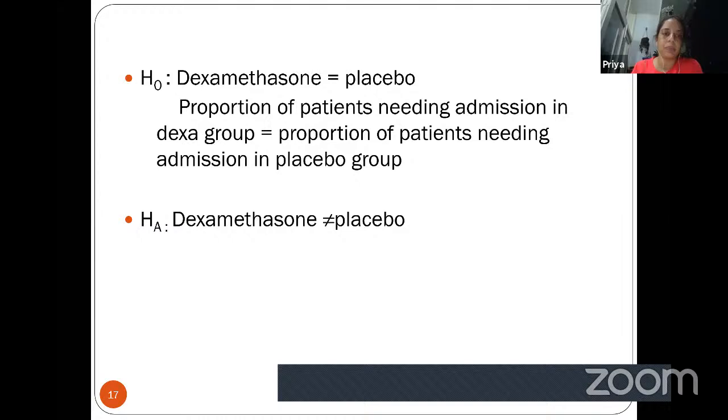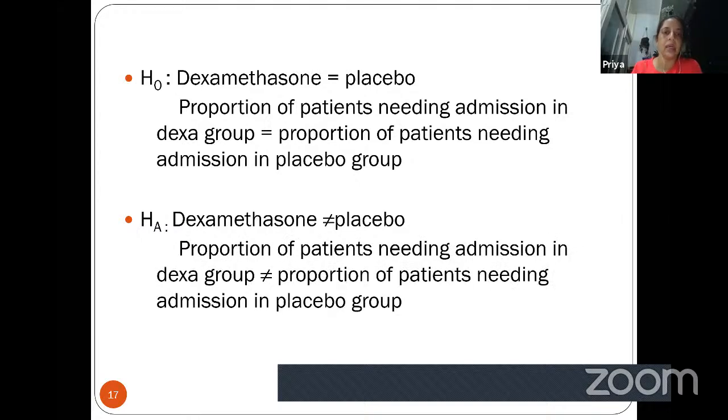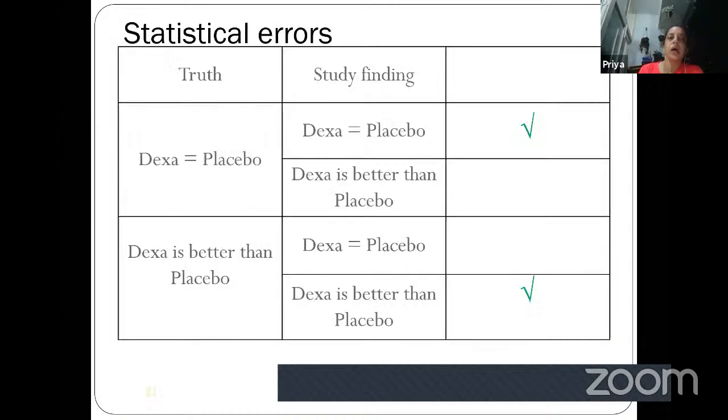The alternate hypothesis is dexa is not equal to placebo, which means the proportion of patients needing admission in the dexa group is not equal to the proportion of patients needing admission in the placebo group, right? Let's look at statistical errors now.